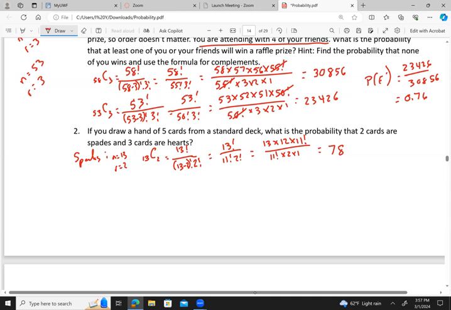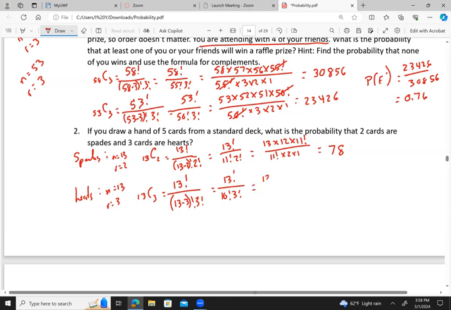Then 3 cards are hearts, so looking at the hearts again, we have 13 hearts, but we're going to pick 3 of them. And again, it is a combination, so we have 13 choosing 3. 13 factorial over 13 minus 3 factorial, 3 factorial. 13 factorial over 10 factorial, 3 factorial.